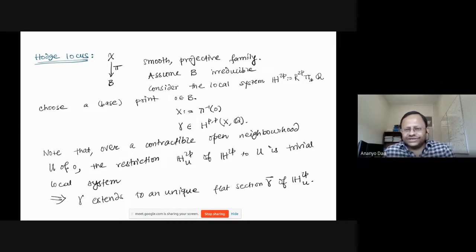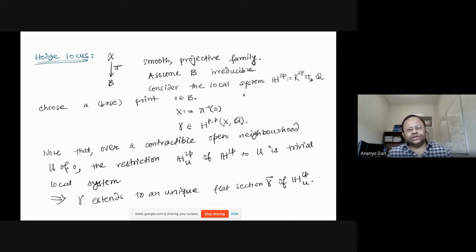Now, by Ehresmann's theorem, we know that if you have a smooth projective family, the cohomology does not change in some sense. So there is an isomorphism between the cohomology groups. That makes this object into a local system.